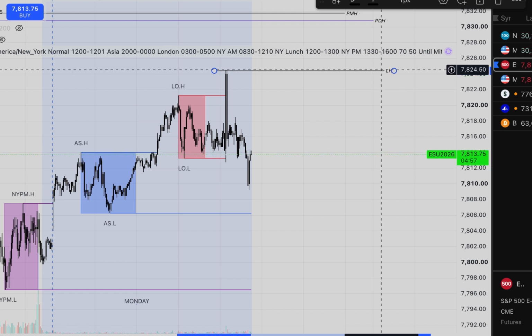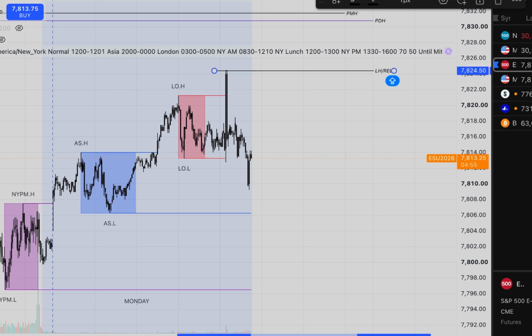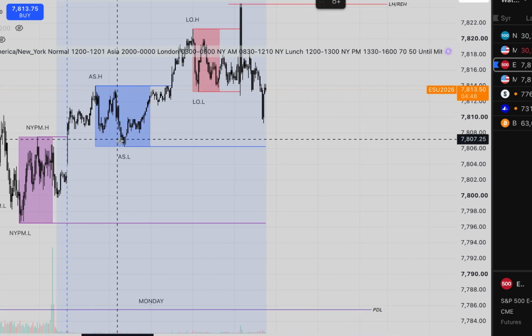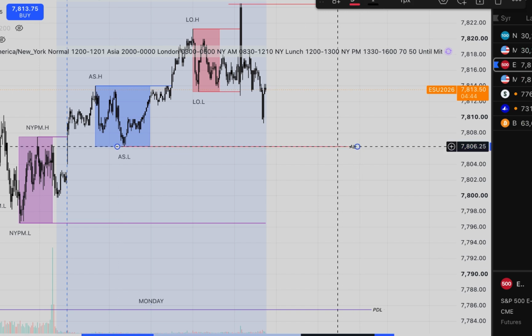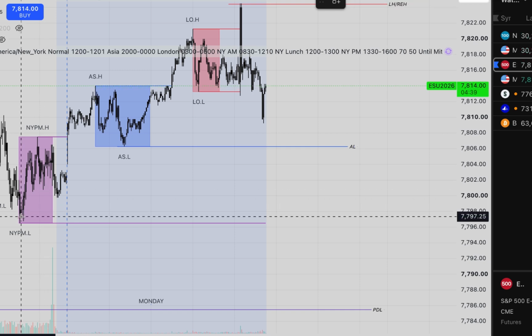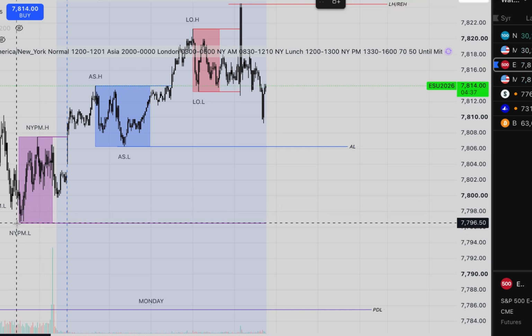London highs, and then if it's a relative equal high, I'll do REH, but still color this red. Asia lows right here, blue, and then previous day low would be right here.